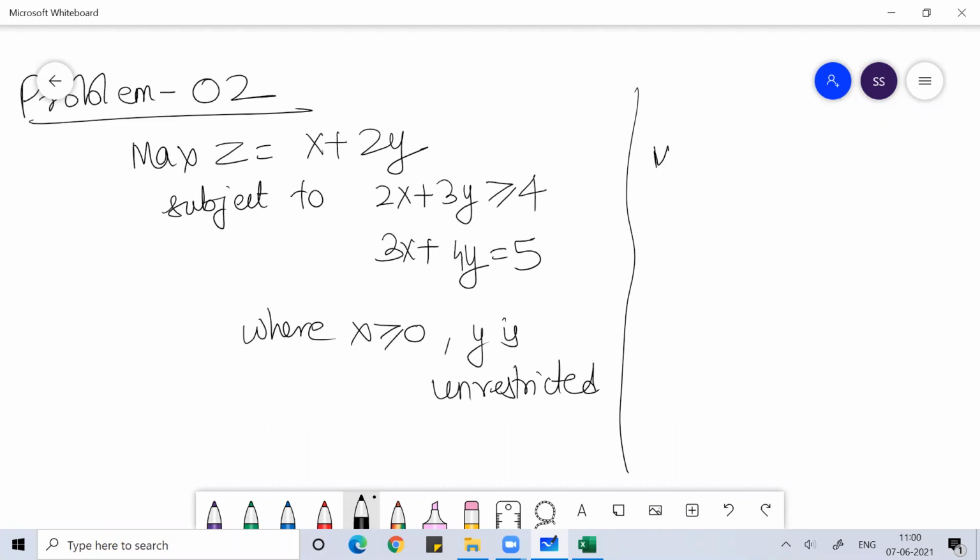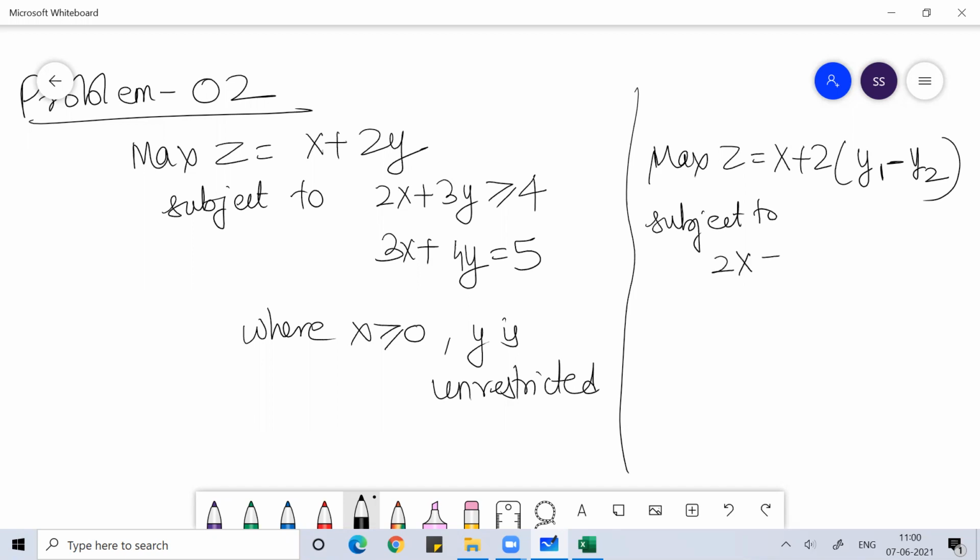Okay, so what I can do, I can write the given problem as maxima of z is equal to x plus 2y. Y is unrestricted, no? So let y is equal to y1 minus y2. Unrestricted means the same thing; you can write that in any variable. Subject to 2x plus 3 y1 minus y2 is greater than or equal to 4. 3x plus 4 y1 minus y2 is equal to 5.